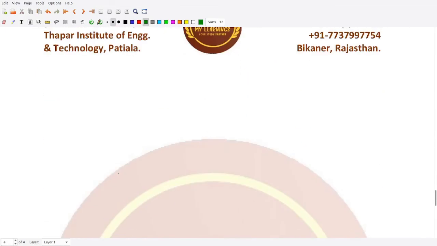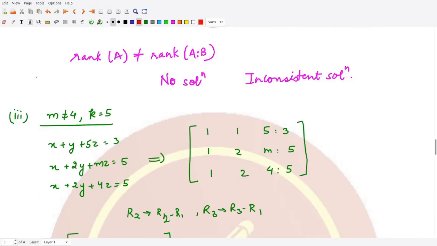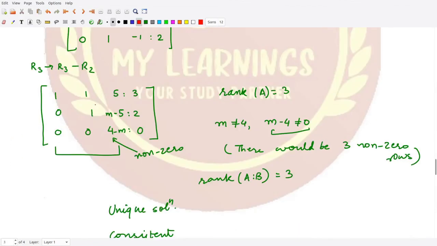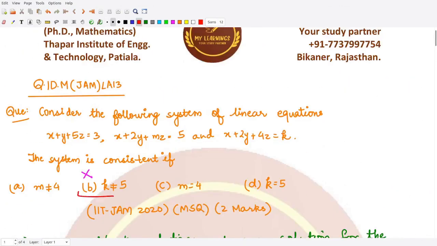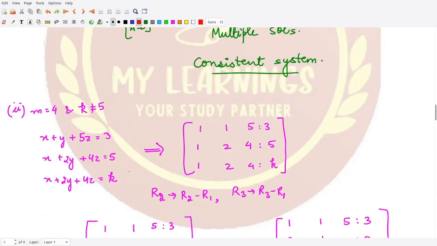And lastly, we have to discuss the last case, which is the case of M not equal to 4 and K not equal to 5. So you see, we have crossed out option B, K not equal to 5. So this case would also be crossed out. So we only have these options with us. K not equal to 5 won't give us any solution, because we already saw it with M equal to 4 and M not equal to 4.